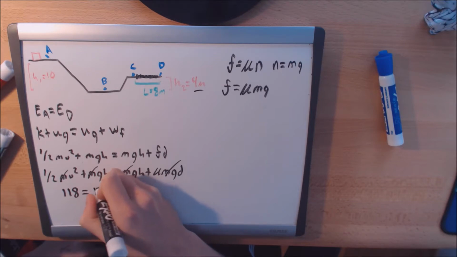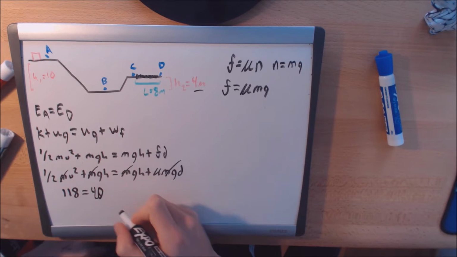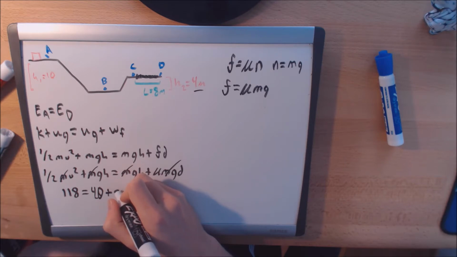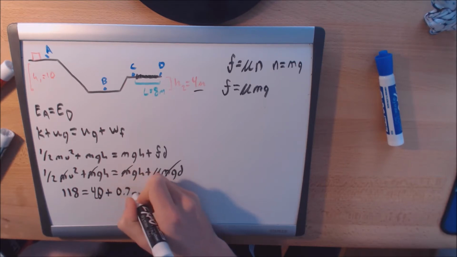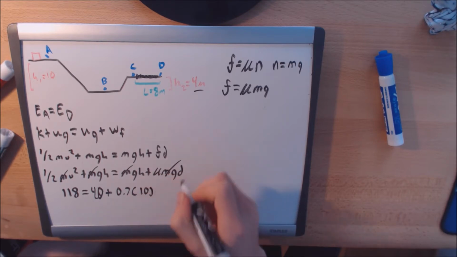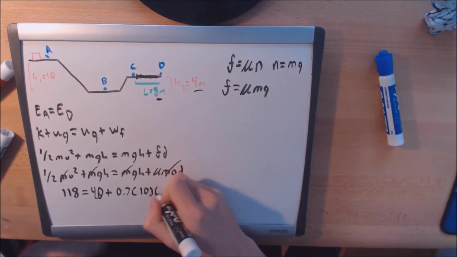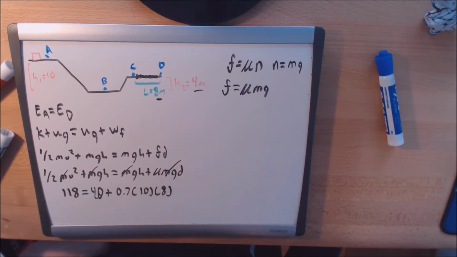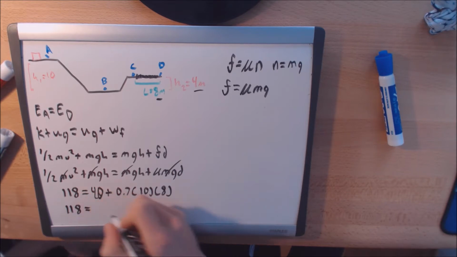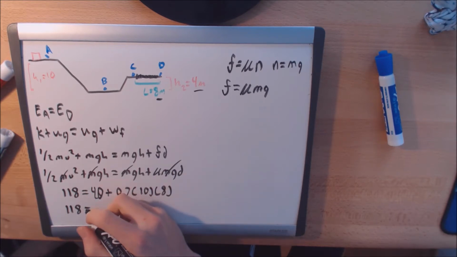So I'll just write 40. Plus mu, which we talked about earlier was 0.7, times g, which is 10, and times d, which is 8. So we'll get 118 equals 40 plus 56.